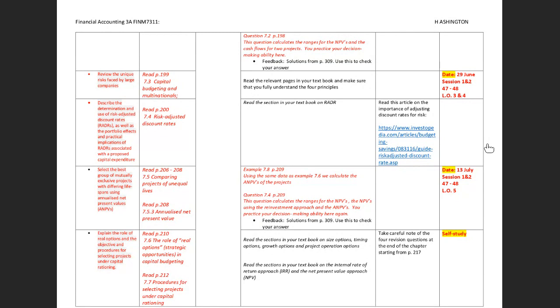So your question 7.3 will be very important for your risk-adjusted discount rate section. And it's not a difficult question or example, so as long as you understand what a risk-adjusted discount rate is and why we are adjusting it, you'll be able to follow that question and the examples.